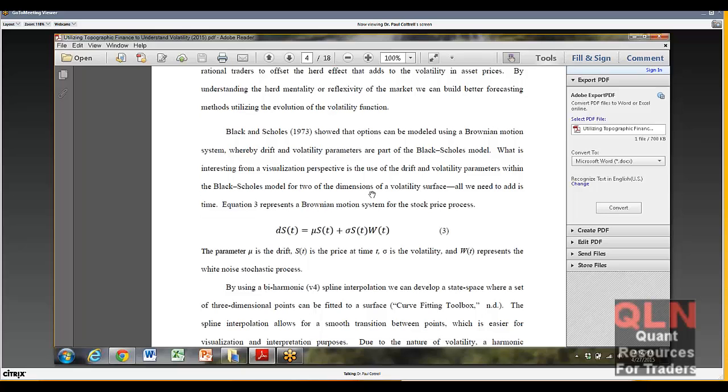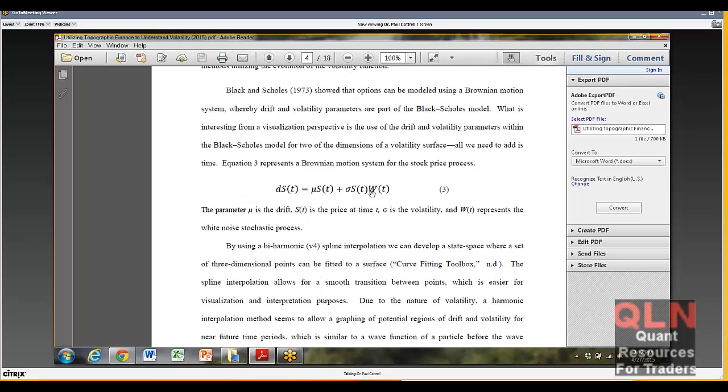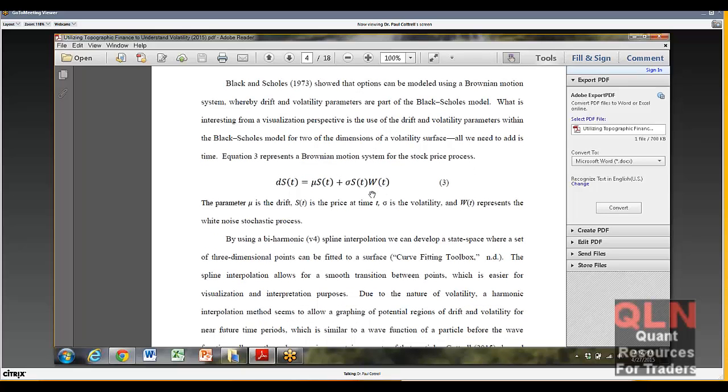So we take a little bit of the Black-Scholes model and the Brownian motion aspect to it, and say, well, by seeing a change in the actual asset price, the price of the system, it's equal to the drift times the current price plus the volatility times the current price plus some stochastic process, or what's called the Wiener process.